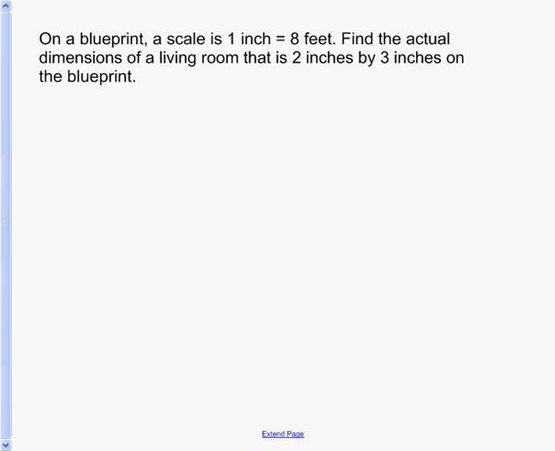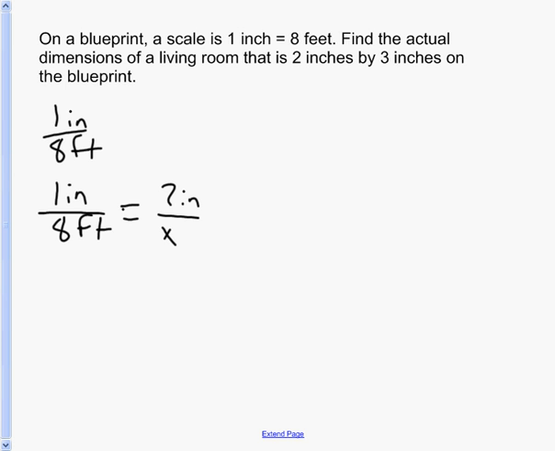On a blueprint, a scale is 1 inch equals 8 feet. Find the actual dimensions of a living room that is 2 inches by 3 inches. So what we're doing is we have 1 inch equals 8 feet, and I'm actually going to write that twice because I'm looking for how much 2 inches is and how much 3 inches is. On the bottom, x feet.